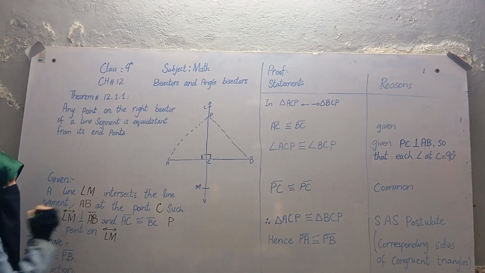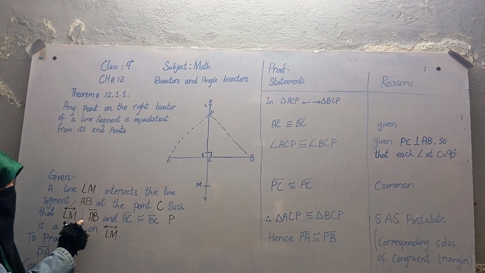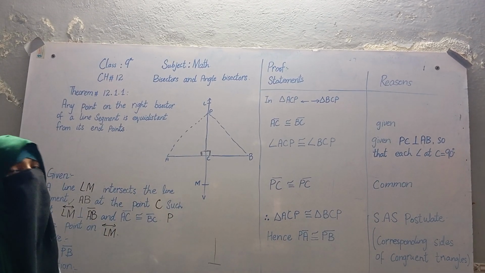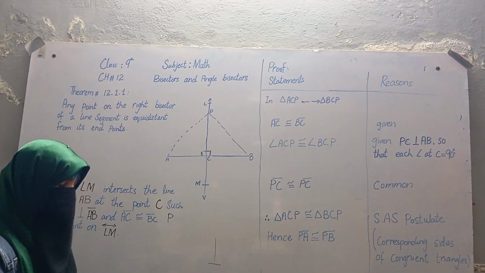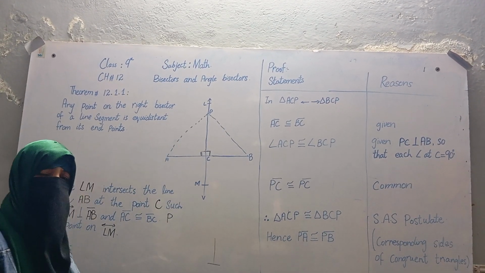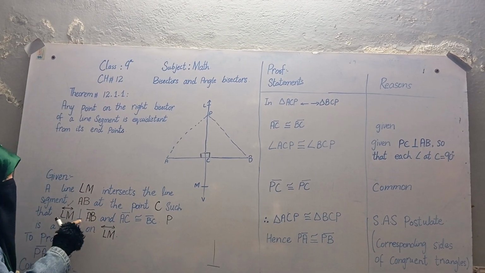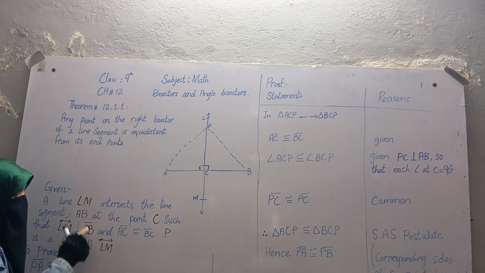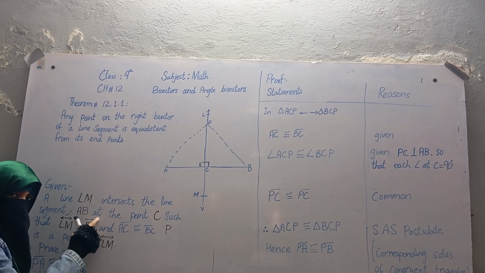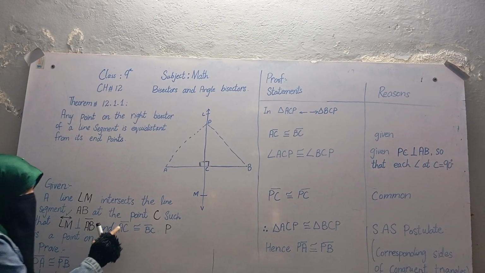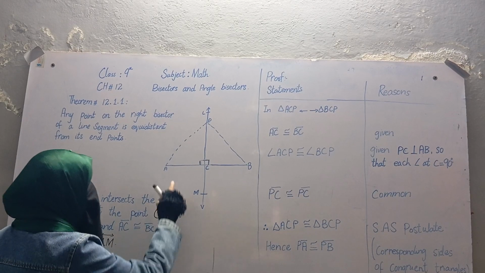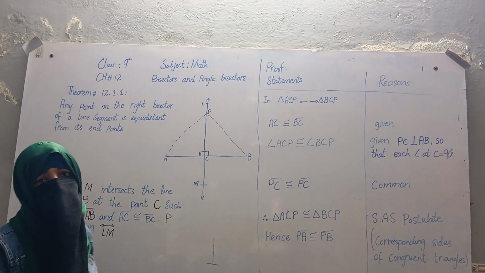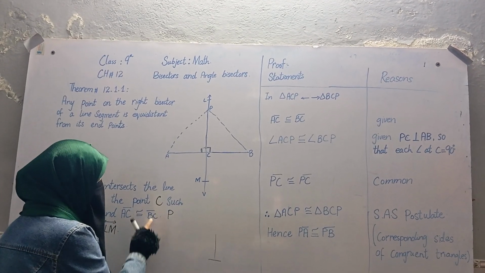This sign shows perpendicular, and this is also showing LM perpendicular to line segment AB. This line shows line segment AB and line segment AC. You can see that AC is congruent, which means similar, to line segment BC.